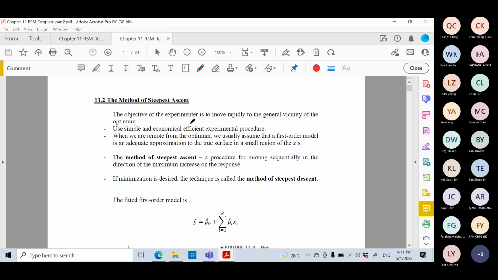The objective of the experimenter is to move rapidly to the general vicinity of the optimum, so we use a very simple and efficient experimental procedure. When we are far from the optimum, we usually assume that the first order model is an adequate approximation to the true surface in a small region of the x's.